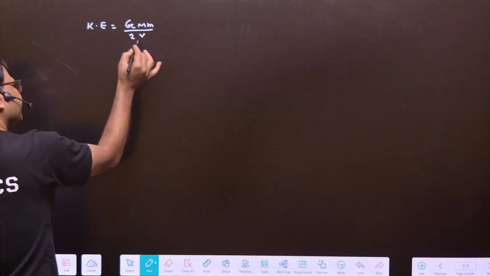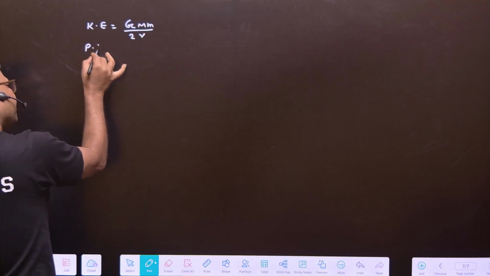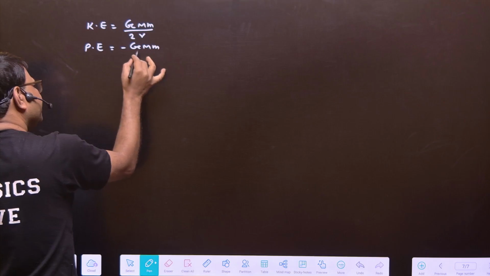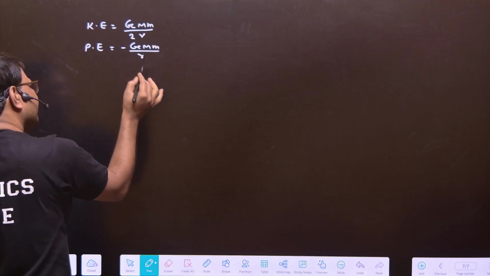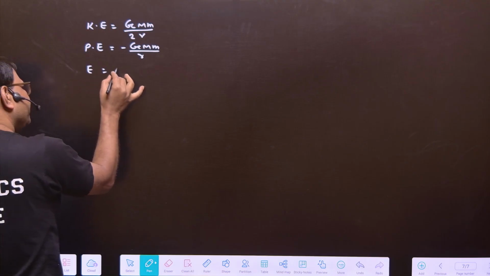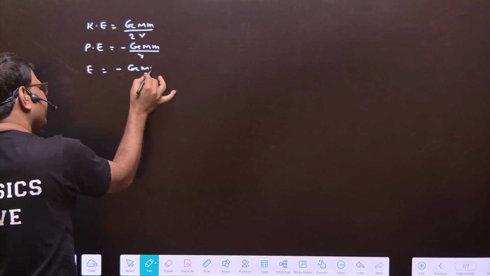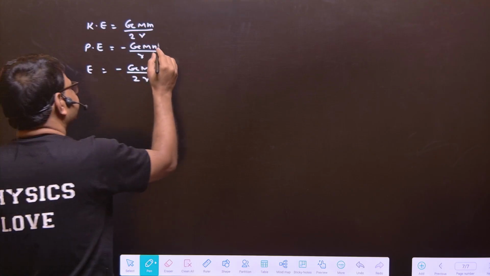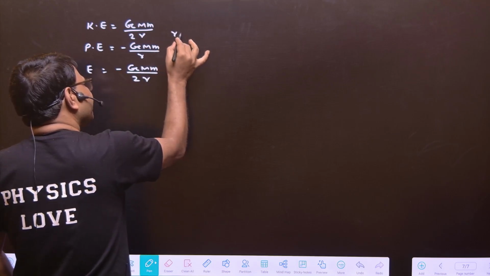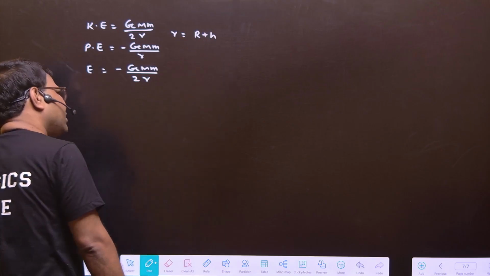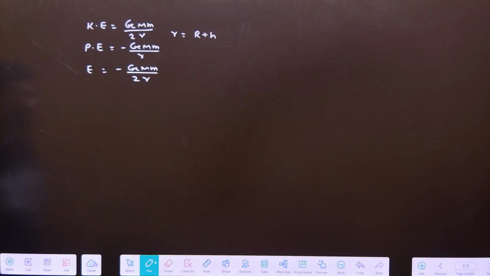Potential energy we can write here minus G M divided by R. Total energy E is equal to minus G M divided by 2R. It is the total energy. And R means radius of the earth plus height from the surface of the earth up to the satellite.